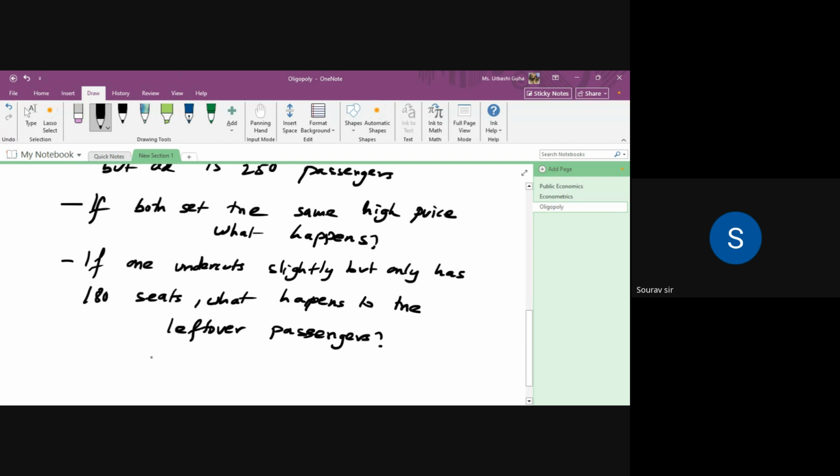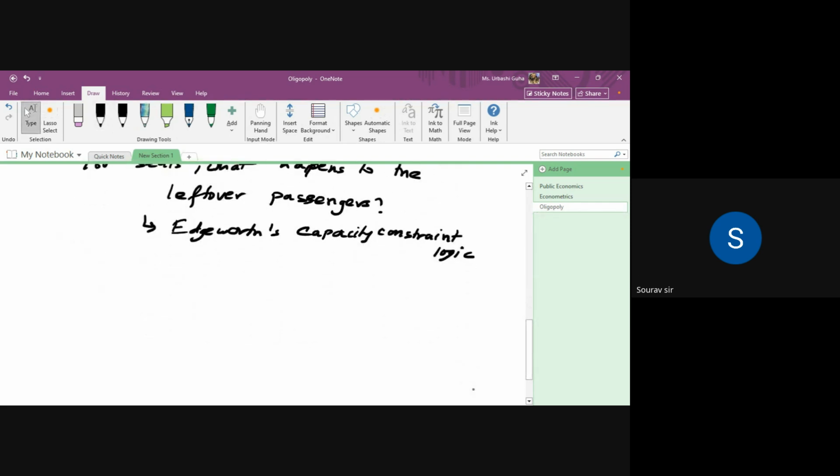This we will be learning in the form of capacity constraint logic. This is what Edgeworth will help us to know.